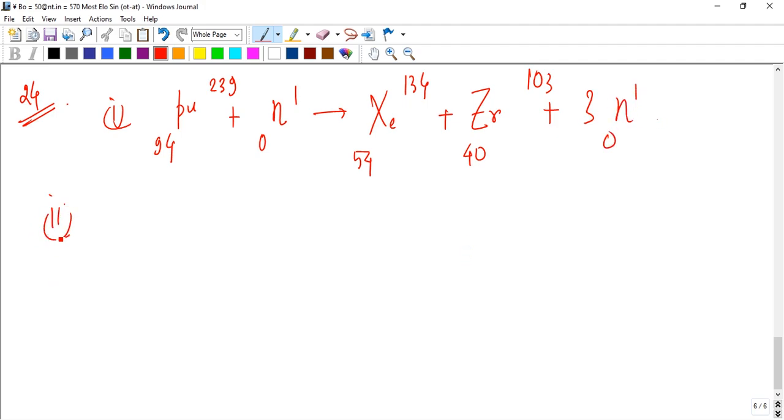And solving here with the given data, obviously the delta mass.